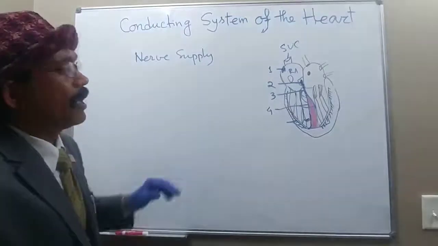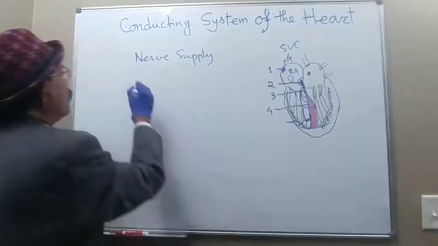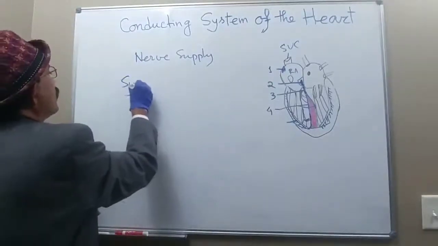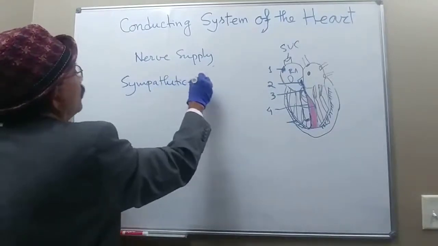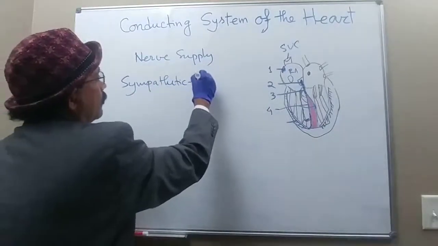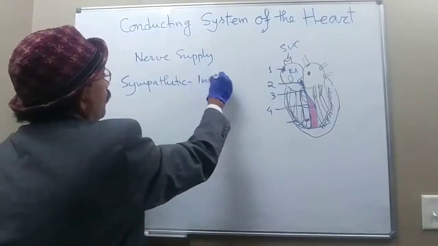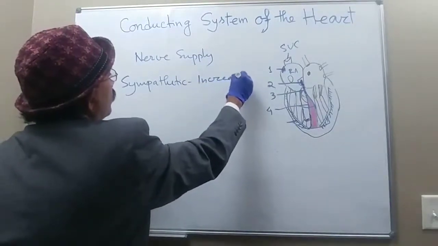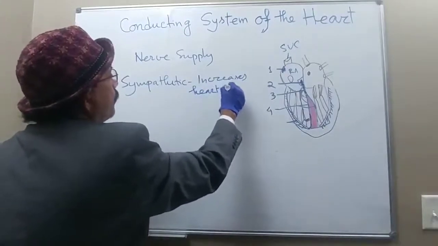But nerve supply can regulate the action of the conducting system of the heart. So sympathetic will stimulate the heart, so it increases heart rate. It is called tachycardia.